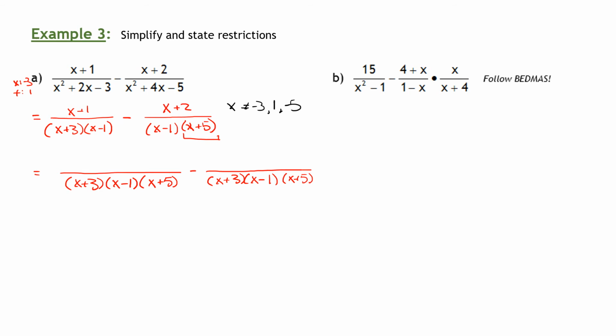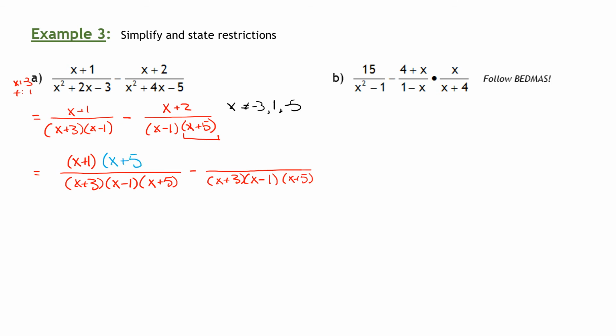Numerators. My first numerator was an x plus 1. I'm putting brackets around it, and that's a really helpful step to keep it together when I go to multiply later. What is this denominator missing that the common denominator has? It's missing an x plus 5. So I'm going to put an x plus 5 in the numerator.